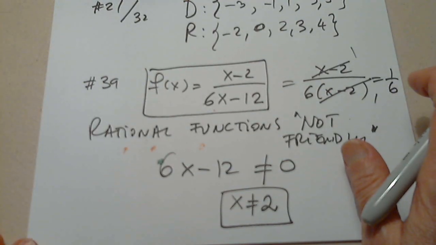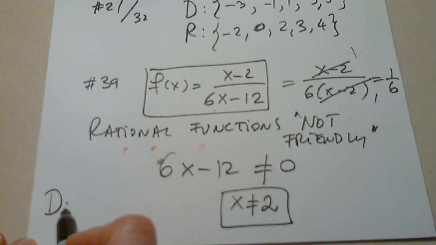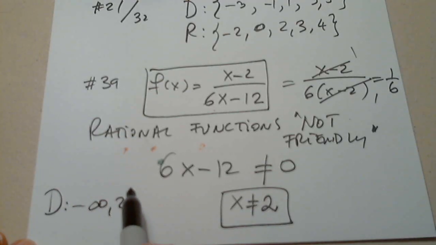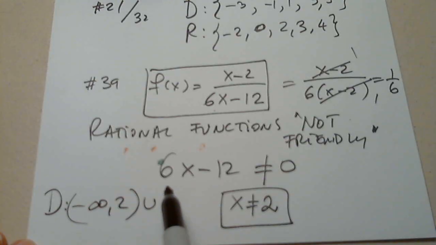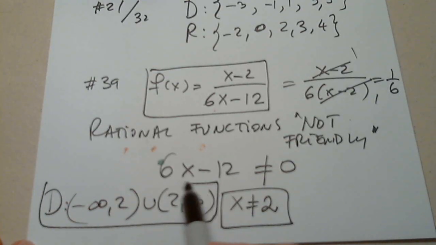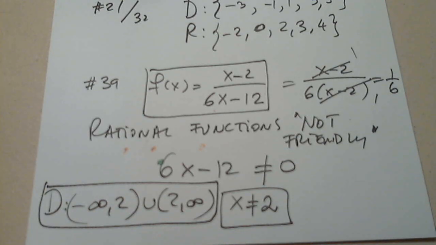It doesn't matter. The domain of this function is anything but 2. How do I write anything but 2? Negative infinity to 2, union 2 to infinity. This is the domain. I have to state the domain before I simplify.